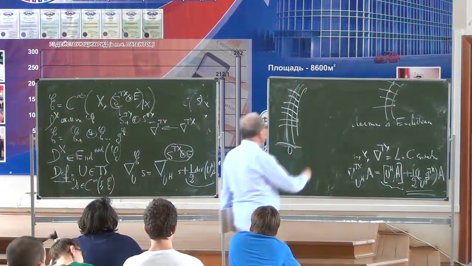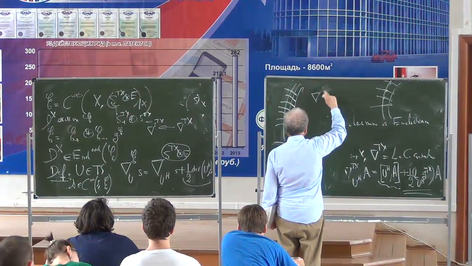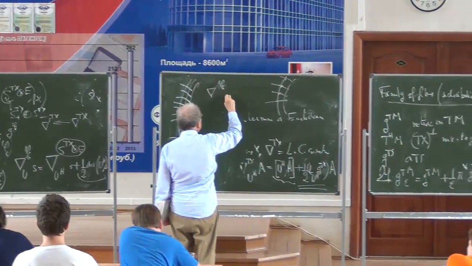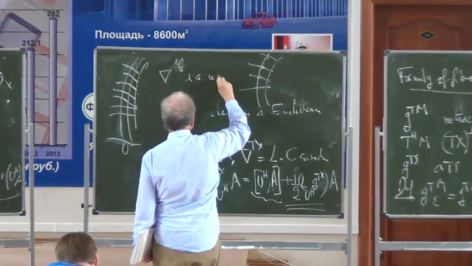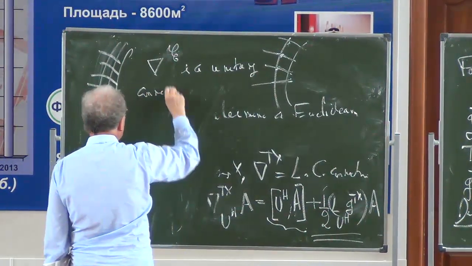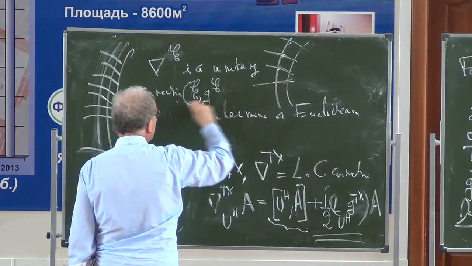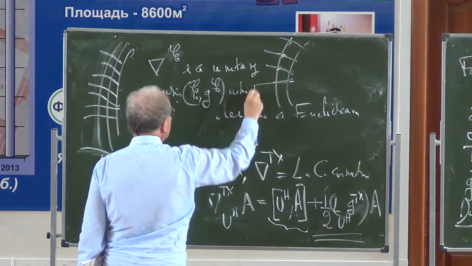It is extremely easy to verify that this object is indeed a unitary connection on E, on this infinite dimensional vector bundle, which preserves the Z2 grading.